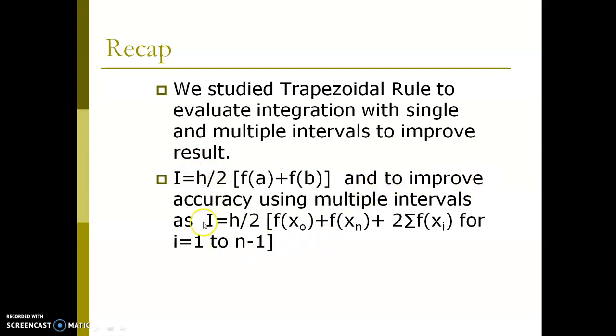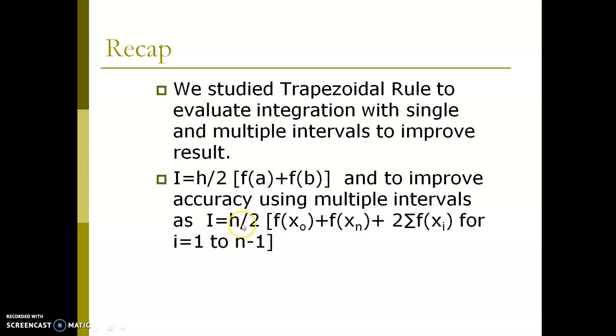Whereas for improving the accuracy, multiple intervals are suggested, where h is calculated based on the number of intervals which we want to take between b and a, so the h value can be calculated as b minus a divided by the number of steps or intervals.